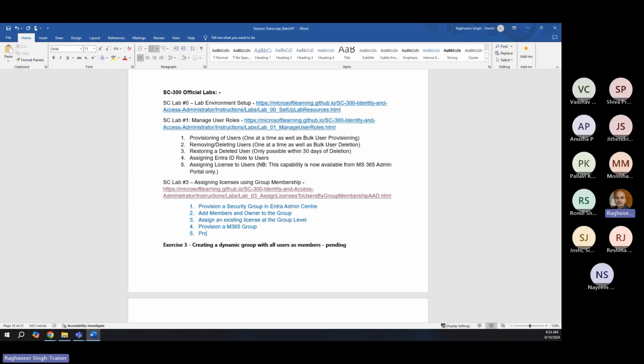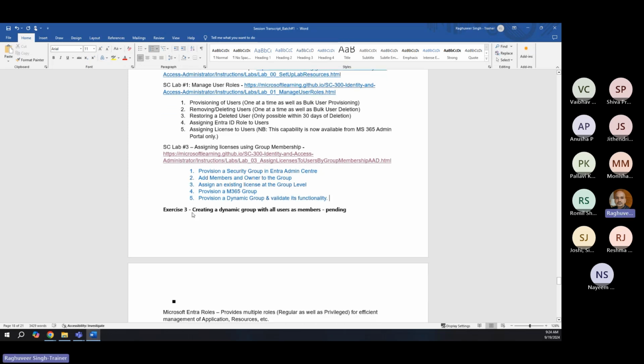And fifth, provision a dynamic group and validate its functionality. This is what lab number 3 is all about. So the first 4 tasks you need to do right now, and the last task I will explain. So let's do that, guys.